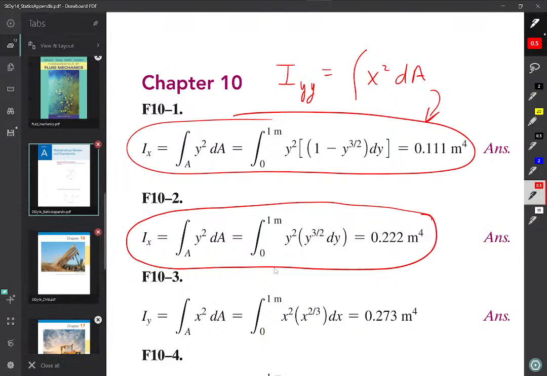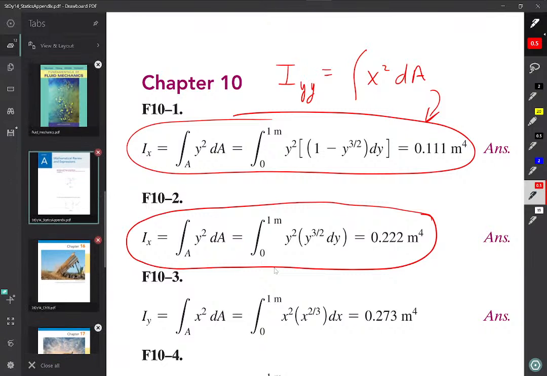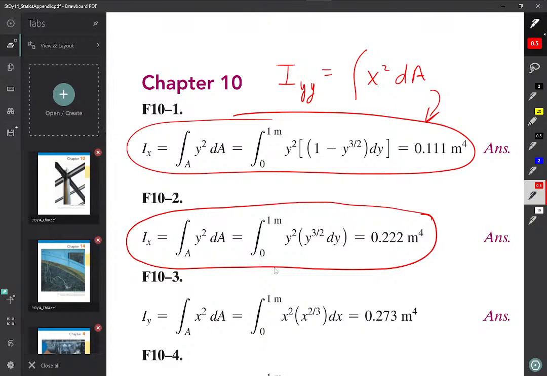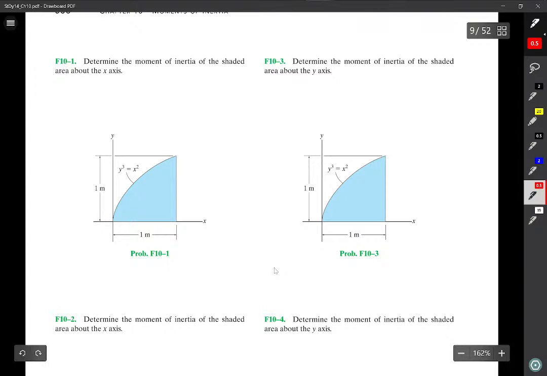Okay, now I've lost track of where they are. To me, I see these as being the same problem. Y to the third, am I seeing this the right way?